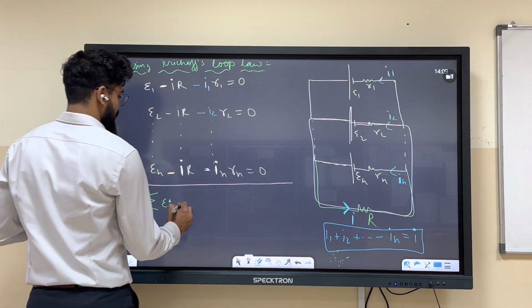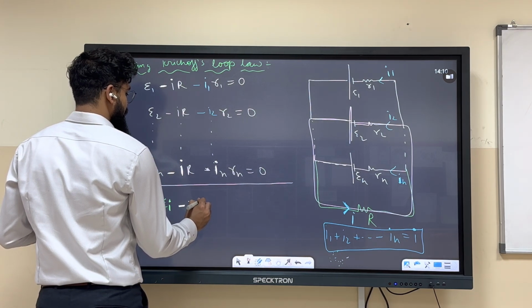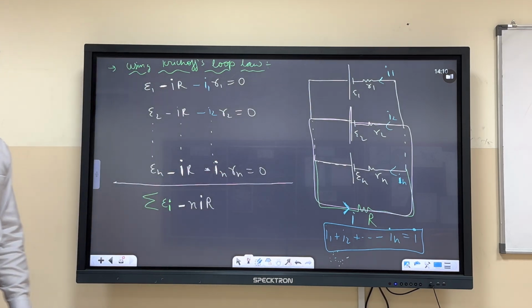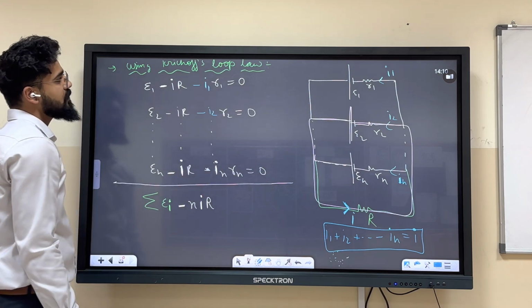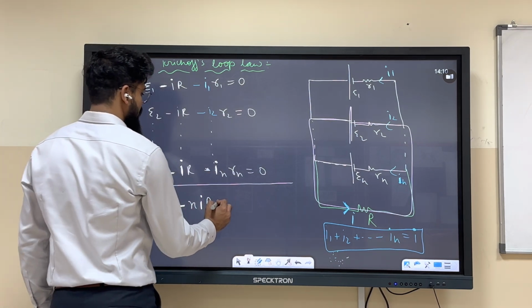N IR, minus N IR. Correct? From here, what will come?